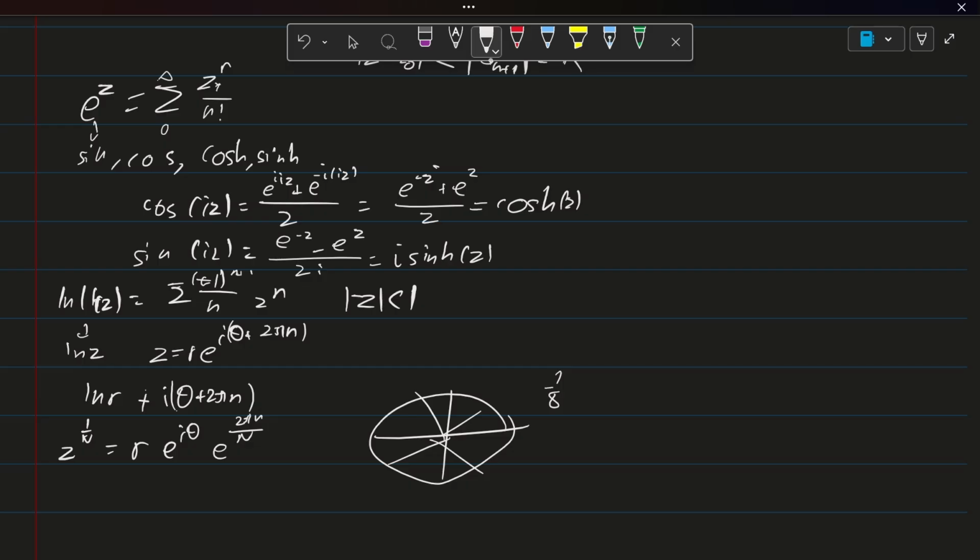And it gives you a clue why, if you take the power of a rational number, it gives you very specific solutions. But if it is a power of an irrational number, there's an infinite number of solutions.